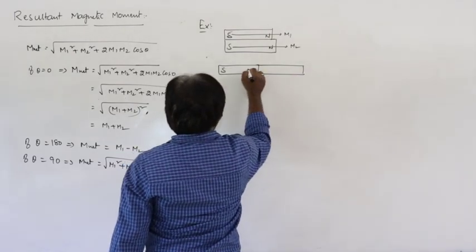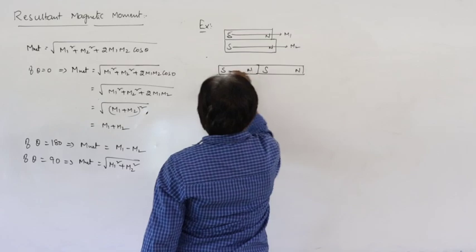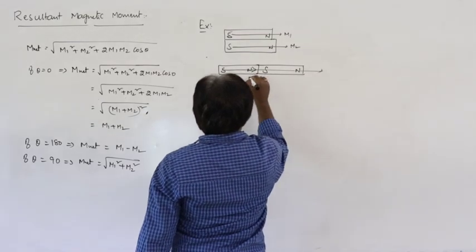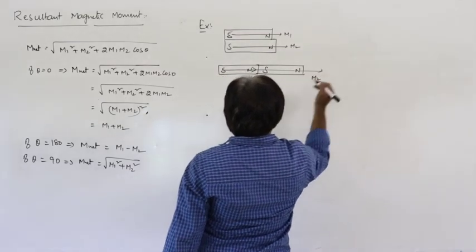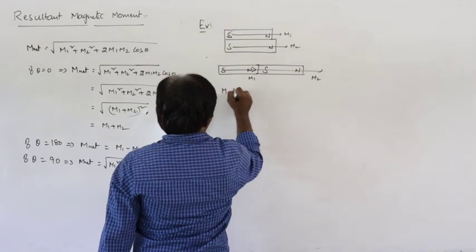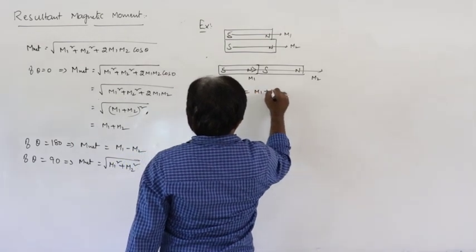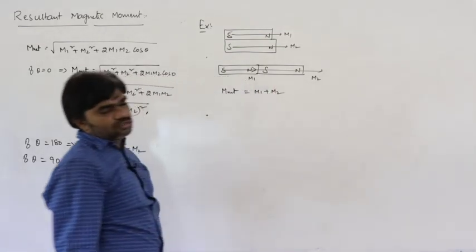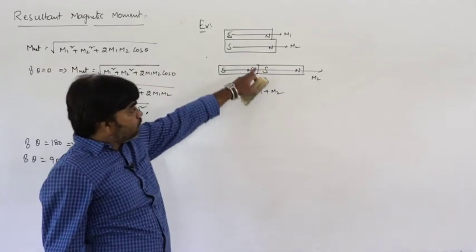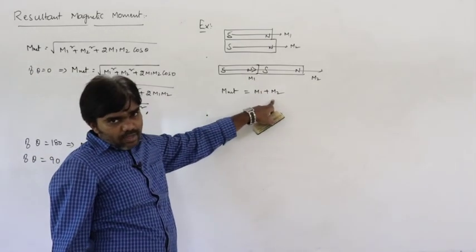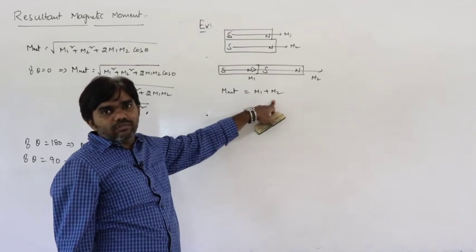So this is South pole, North pole and this is South pole, North pole. This is the direction of m1 and this is the direction of m2. Then in these two situations, both magnetic moments are in the same direction. So net magnetic moment is m1 plus m2.